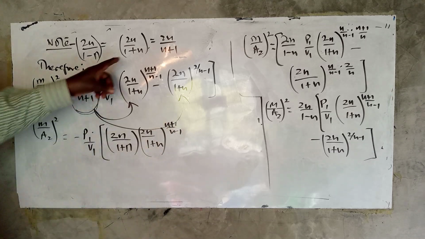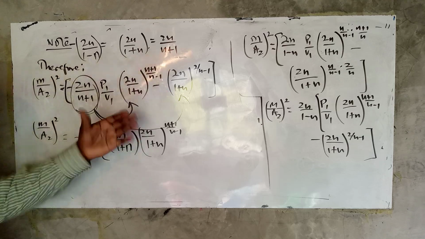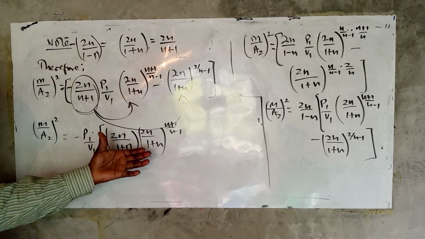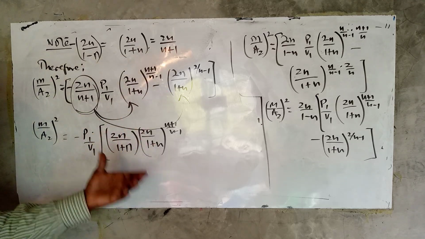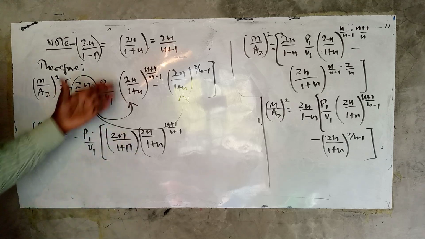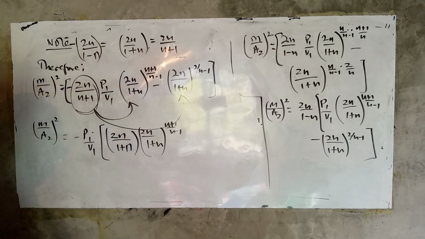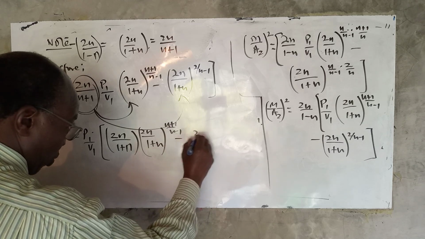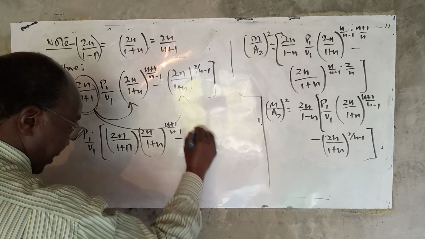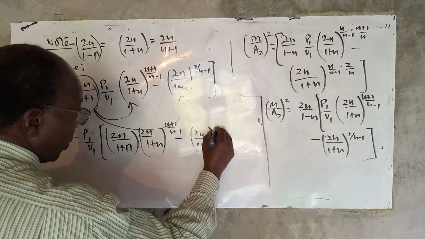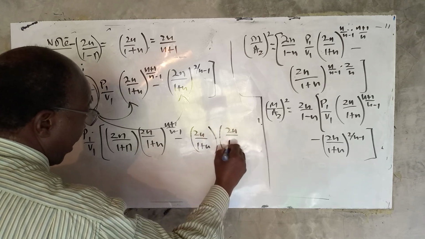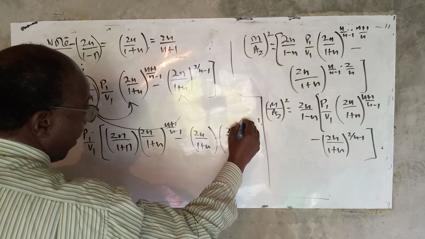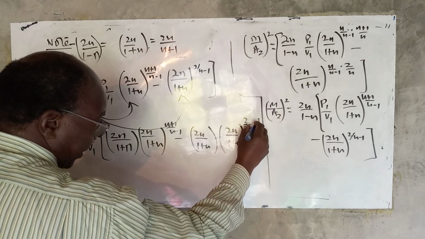Remember, we said 1 plus n is just n plus 1. So either way, it's just to make our quantities uniform for simplicity of calculation. I've just recast it as 1 plus n. And so minus, again, 2n over 1 plus n times 2n over 1 plus n raised to the power 2 over n minus 1.